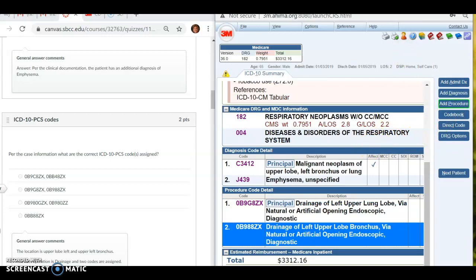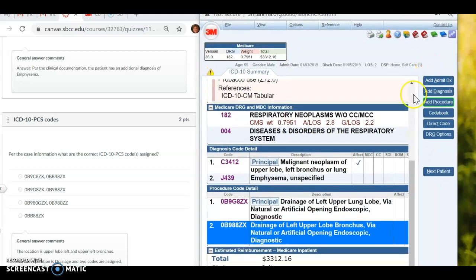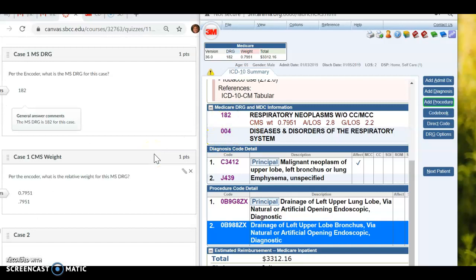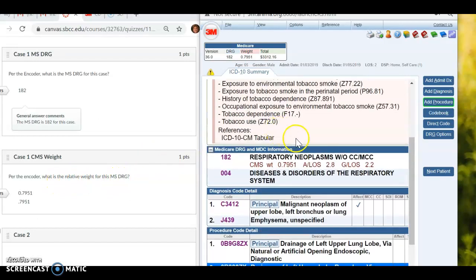Okay, so on that note, go down here. Per the encoder, the MS-DRG case is 182. Here the MDC is 004, which you didn't have to put down. Per the encoder, what is the relative weight? The relative weight is right here, 0.7951.